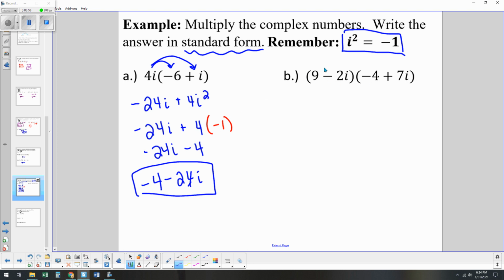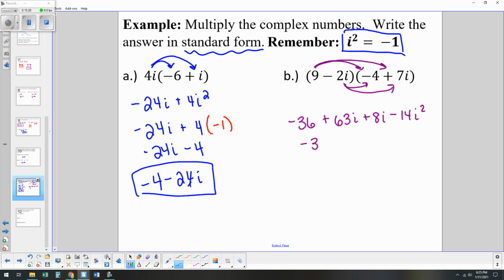For B, I have a little more to do. We're going to distribute both things. So 9 times negative 4 was negative 36. 9 times 7i was plus 63i. Negative 2i times negative 4 is plus 8i. And negative 2i times positive 7i is negative 14i squared. So I could do a little bit of work before I go and plug that in.